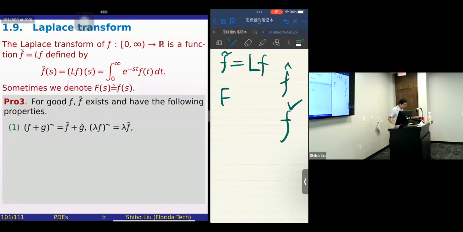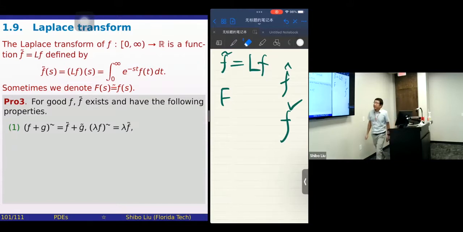Now let's state the properties of the Laplace transform. For most functions f, its Laplace transform exists. If f is good enough, for example piecewise continuous and growing no faster than exponential growth, then the Laplace transform will exist. And it has the following properties.